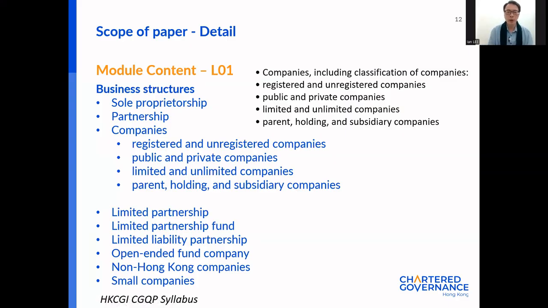So this is what we know as an unincorporated business. Incorporated is where you have a limited liability company. If you do not have a company, you're running your business by yourself, it's your own business, then it's a sole proprietorship. In the old days, for example, sometimes you see a small store in a corner of the street run by the same family for many years.